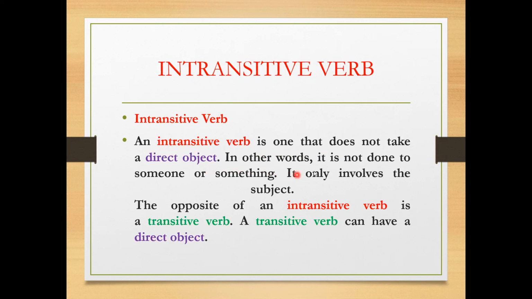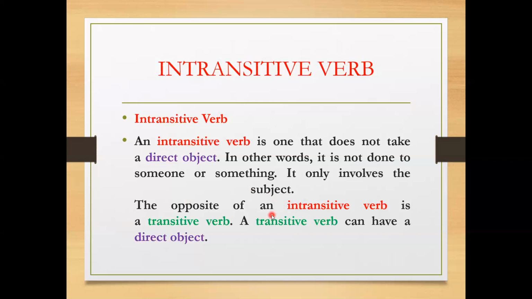In other words, it is not done to someone or something. It only involves the subject. It means that here the subject is most powerful and the action is not going to transfer to an object. In other words, an intransitive verb is a verb which does not contain an object.